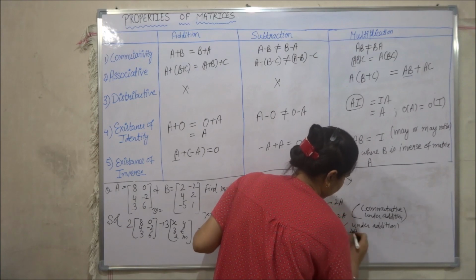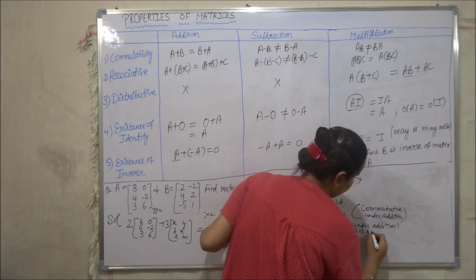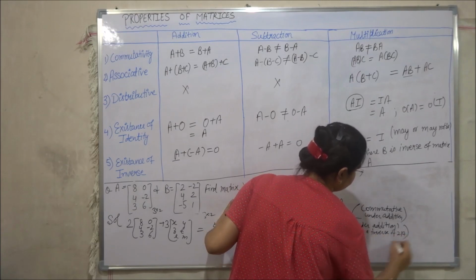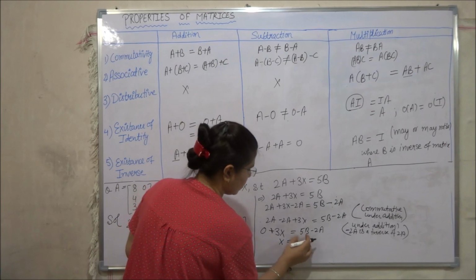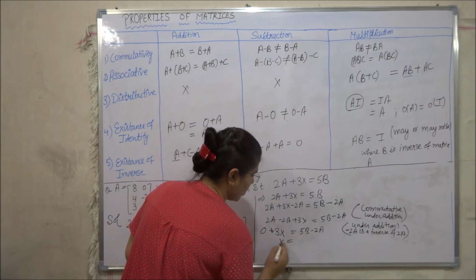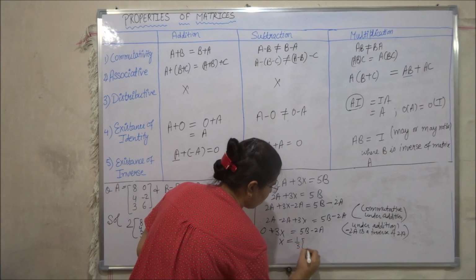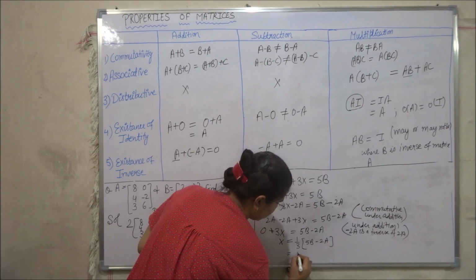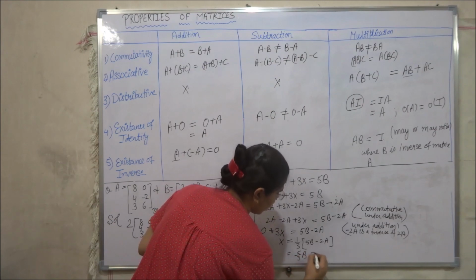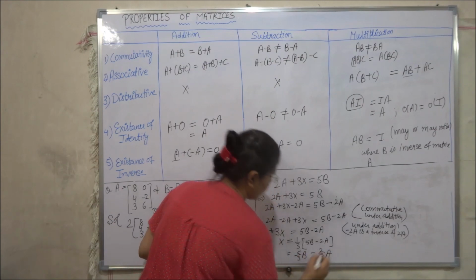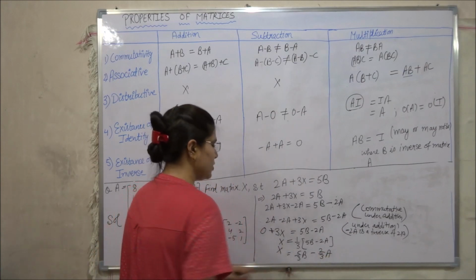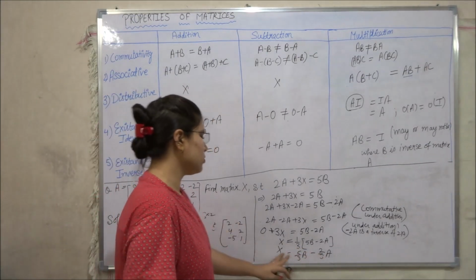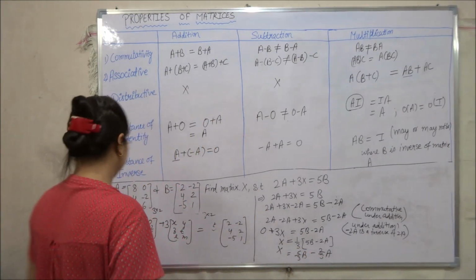Now 3X equals 5B minus 2A, so we take 1 by 3 of 5B minus 2A. That will be equal to 5 by 3 of B minus 2 by 3 of matrix A. So in this way, by putting the values of matrix B and matrix A, we can find the value of matrix X.